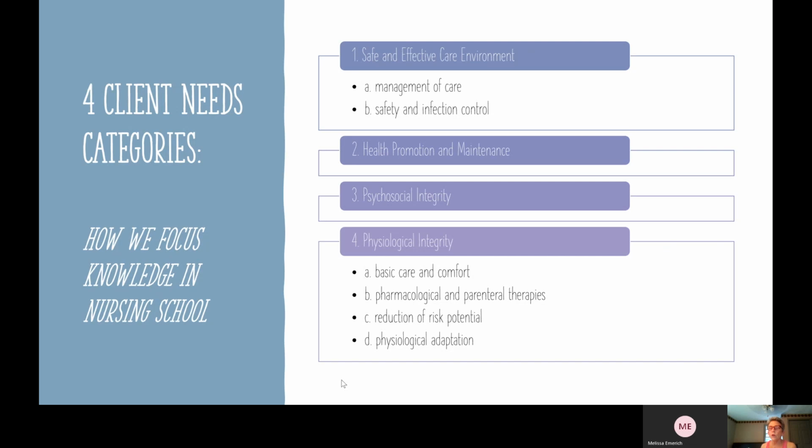And so if you want to turn to 839, and as we've talked about before, the way I suggest that you approach each of the chapters is to look at the learning outcomes at the beginning. And in that, you'll see them broken down into 4 familiar categories, which you can see on your slide are the same 4 big client needs.